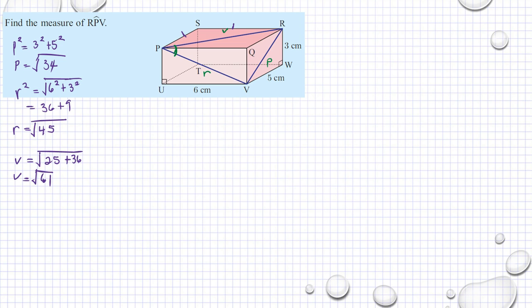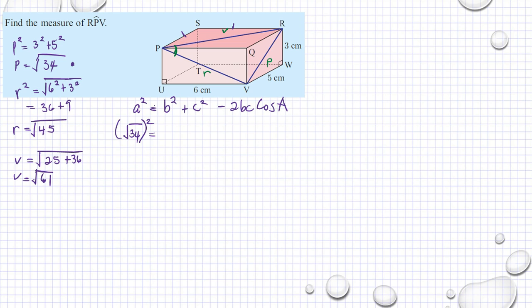Then I can use the cosine rule. The cosine rule says a squared is equal to b squared plus c squared minus 2bc cosine A. So the opposite side is p, here is my p, that is the square root of 34, squared.